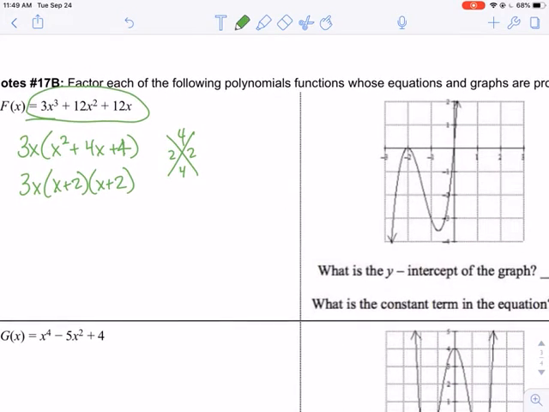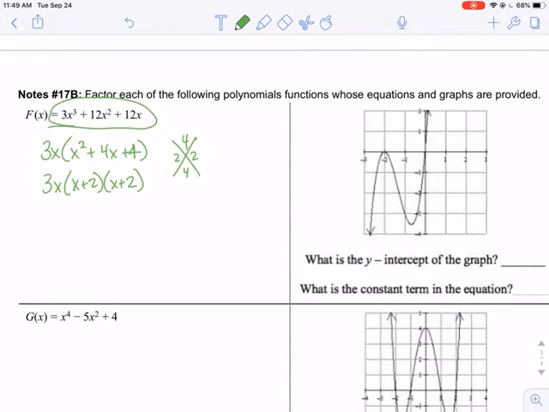So then I'm going to take a look at the graph. This would be 3x equals 0, or just x equals 0, divide by 3 on both sides. This would be x plus 2 equals 0, subtract 2 on both sides, x equals negative 2. And then same thing here, x plus 2 equals 0, which would be x equals negative 2.